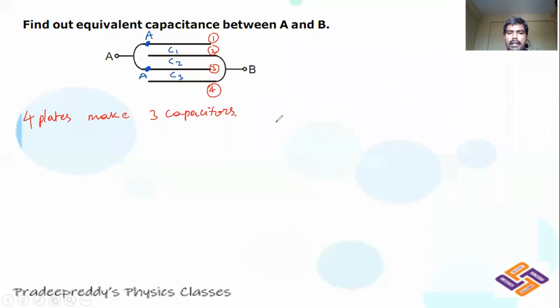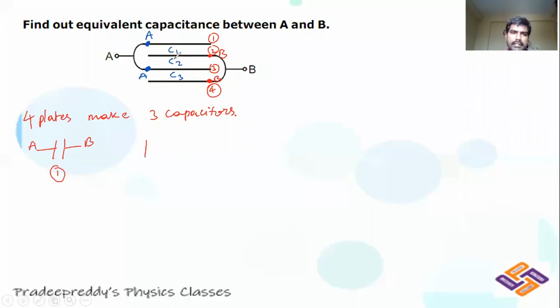Likewise, this plate and this plate are connected to B. Therefore, the potential here will be B, and the potential here will be B, right? Now I can take individual capacitors. First, this one is connected to A at one end, and the other end is connected to B. This is the first capacitor.